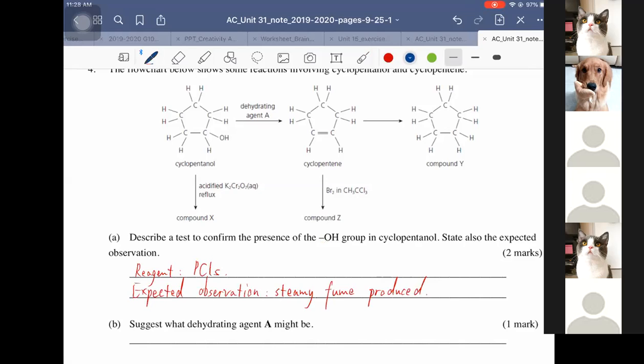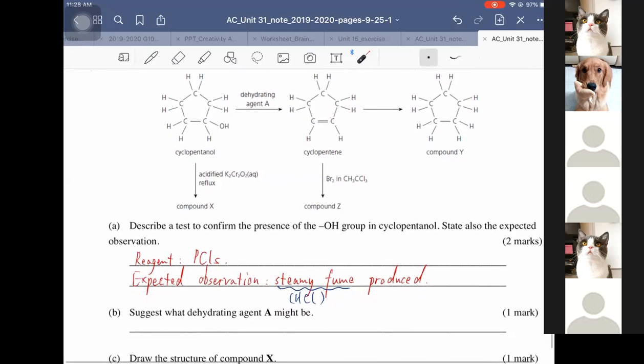This steamy film is due to the hydrogen chloride gas produced. But remember when you are writing the observation, don't mention the name of that compound, because you haven't tested that product. Okay, so that's a test for the hydroxyl group.